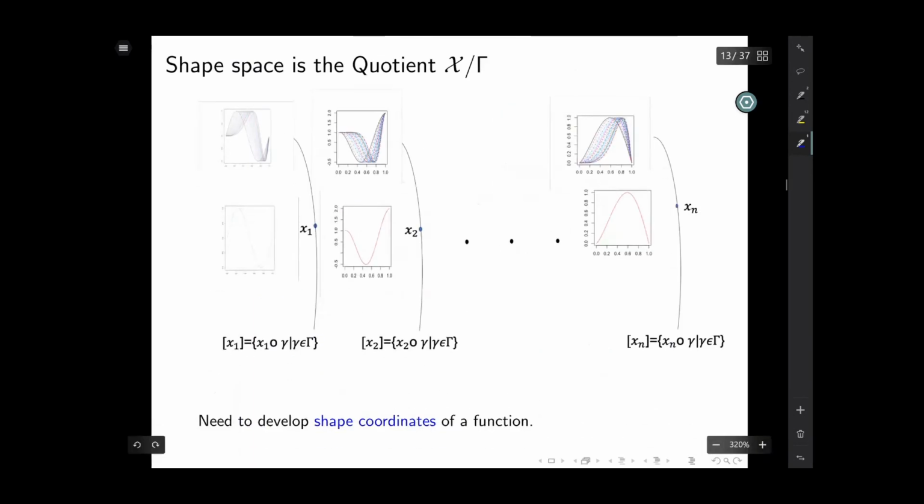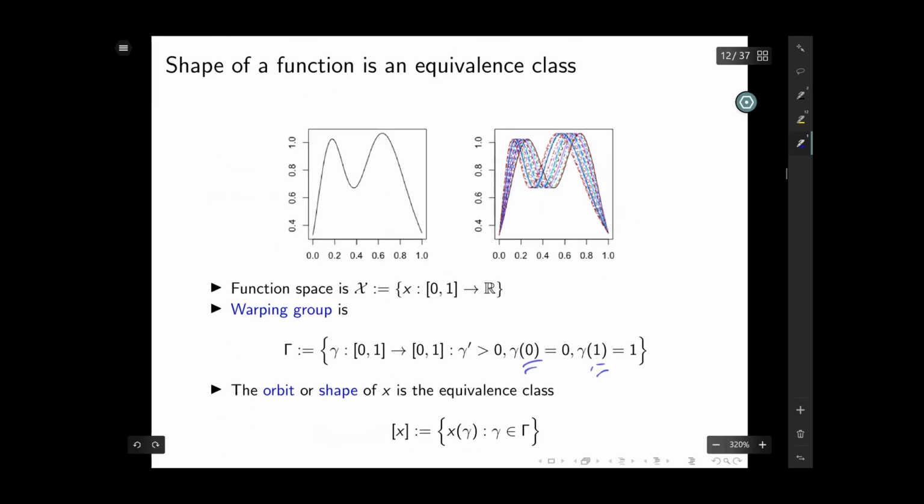Pictorially, we could think of something like this. I have this function x1 here. Its orbit, as a cartoon, is all other functions I could get by taking x1 and warping it with all the gammas in this other function space. The easiest way to think of these gammas, at least from a statistics perspective, is as CDFs of random variables taking values on 0, 1.